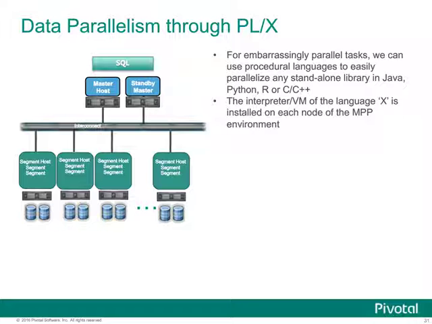Another important thing that Greenplum allows you to do is handle embarrassingly parallel tasks using the procedural language. So basically, each node has an interpreter or VM of the language you want to use, say Python or R, Perl, Java, or C. And you can write Python code within the SQL.